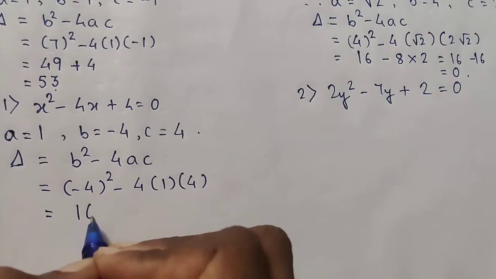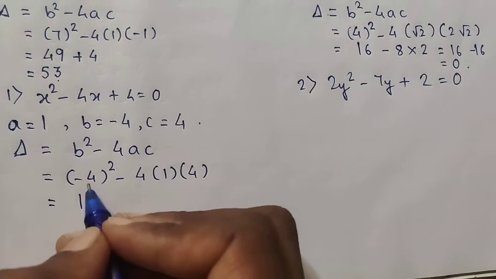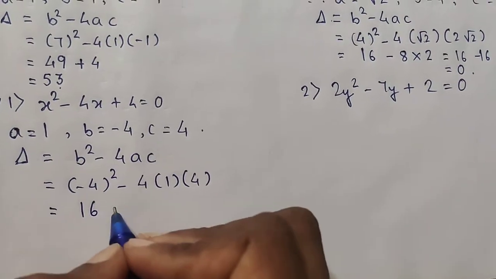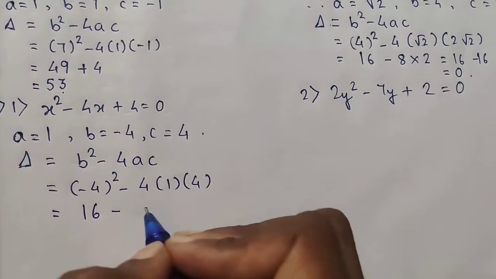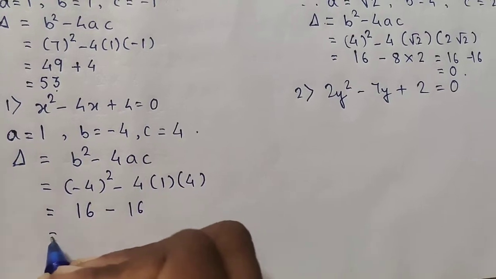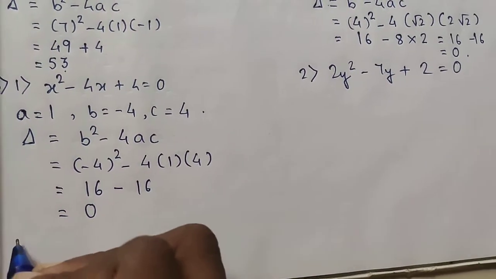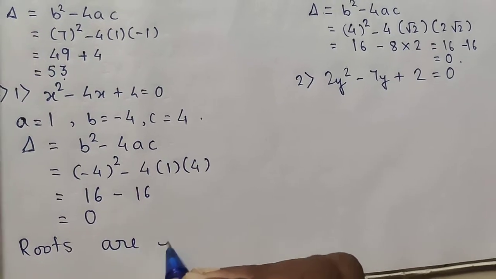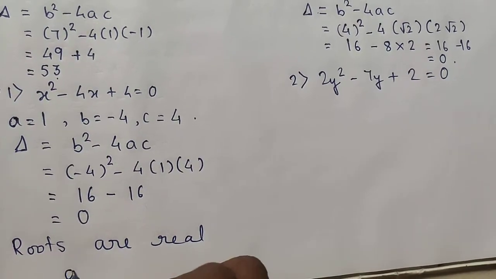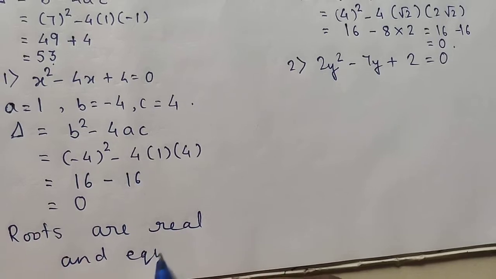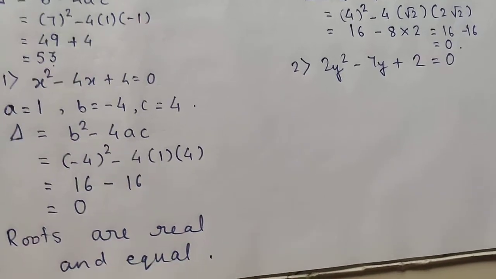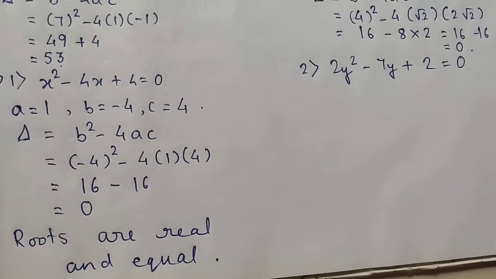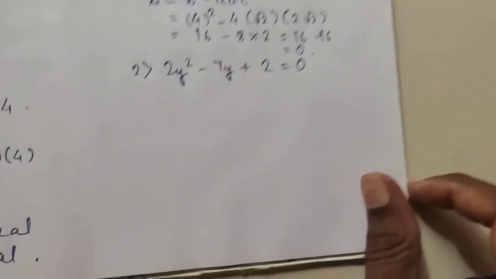So if you take square, you are going to get positive 16, because square is always positive. Minus 4 into 4 is 16. So here you got 0. 0 means what? Your roots are real and equal. Remember, whenever your delta value is 0, you are going to write roots are real and equal.